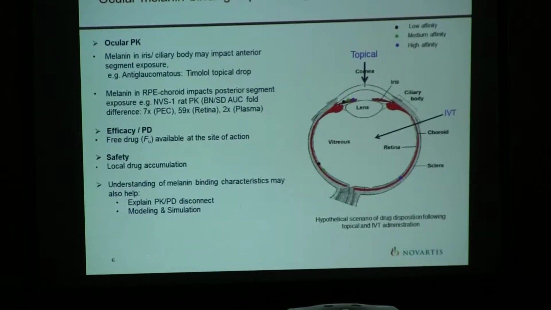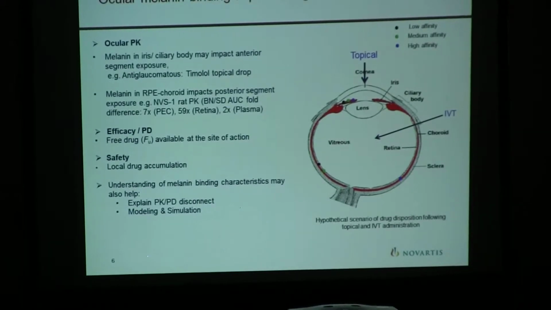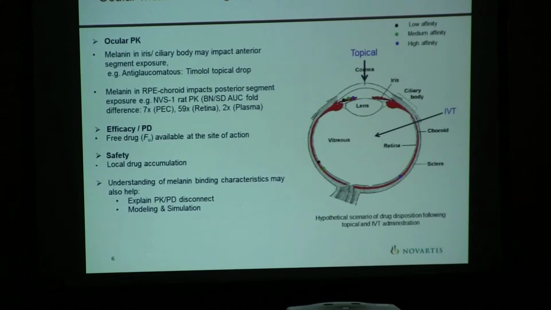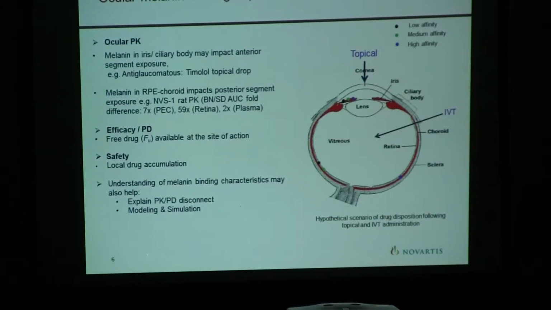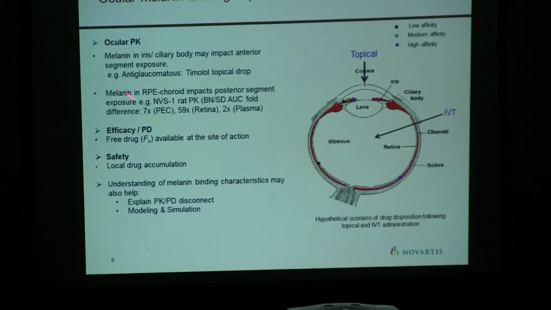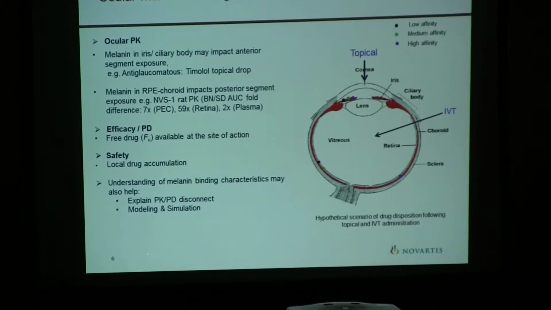So with that background, as I have already covered in the title of this slide, it really impacts drug disposition in the eye, particularly the PK. In the literature you see a number of drugs that have been reported, and even at Novartis we have seen this internally in-house, that once you have a higher melanin affinity binding drug, you would see completely different PK profiles.